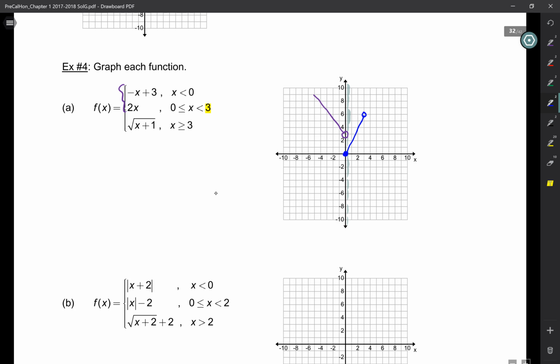Now I have a root function. Okay, what do I plug in? 3. And what do I get for that value? Root 4, which is 2, and it's a closed circle? Yeah.